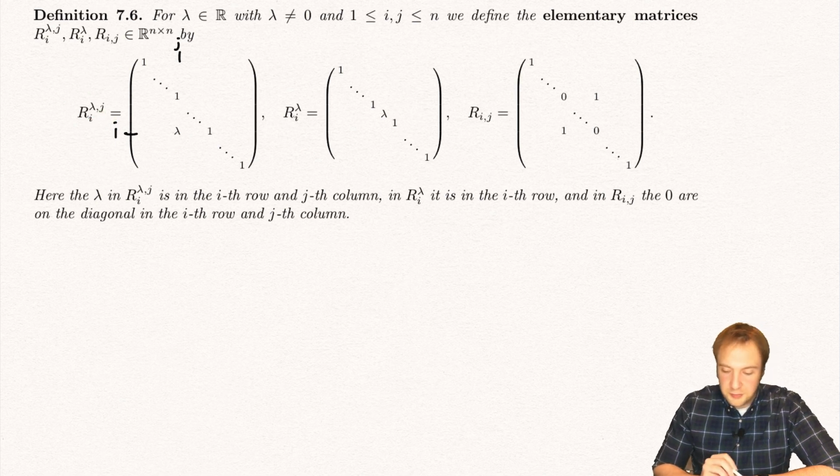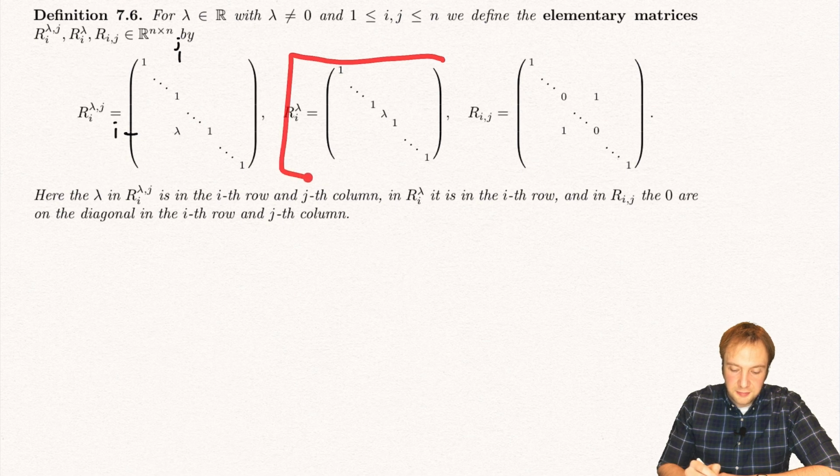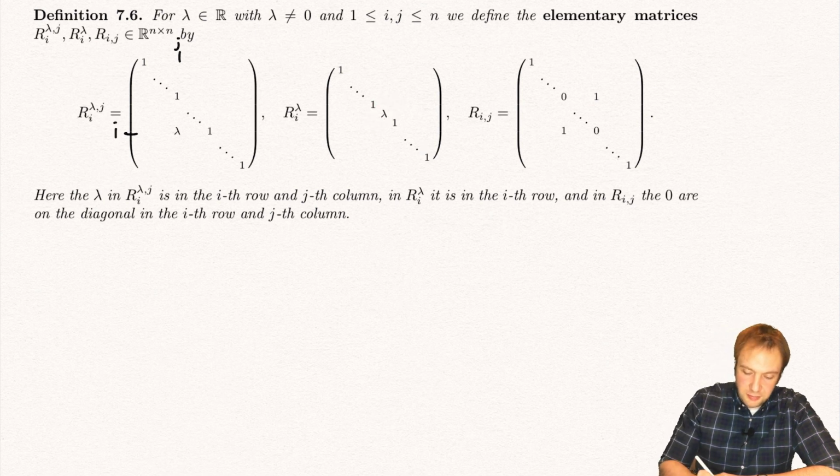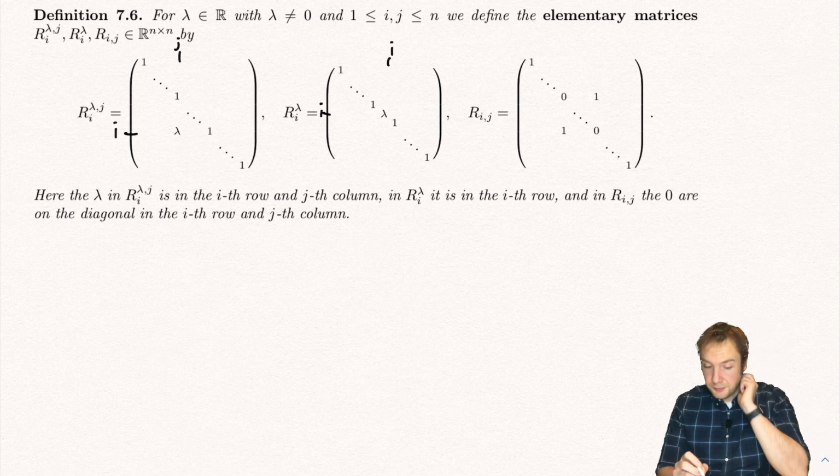So this is the first elementary matrix. The second is denoted by R lambda I, which just means I have 1s on the diagonal, but in row I and column I I have a lambda.